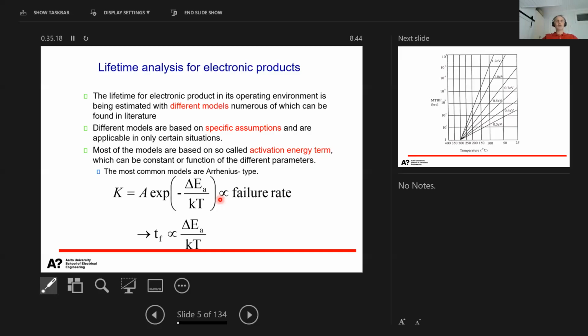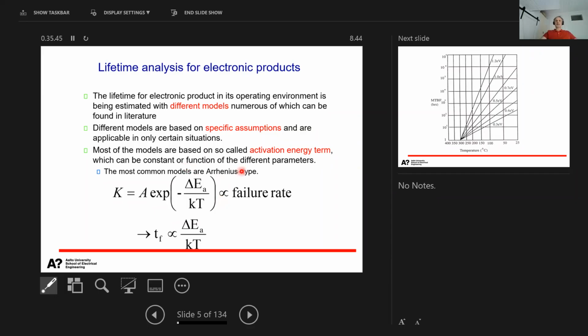We know that a chemical reaction happens faster if we increase the temperature, and so on. So this means that the event is thermally activated, and therefore most of our models contain a term which states how temperature affects this specific mechanism.